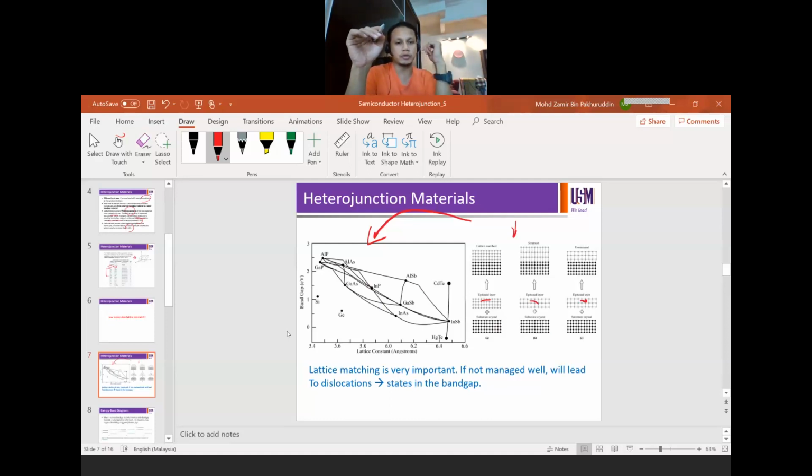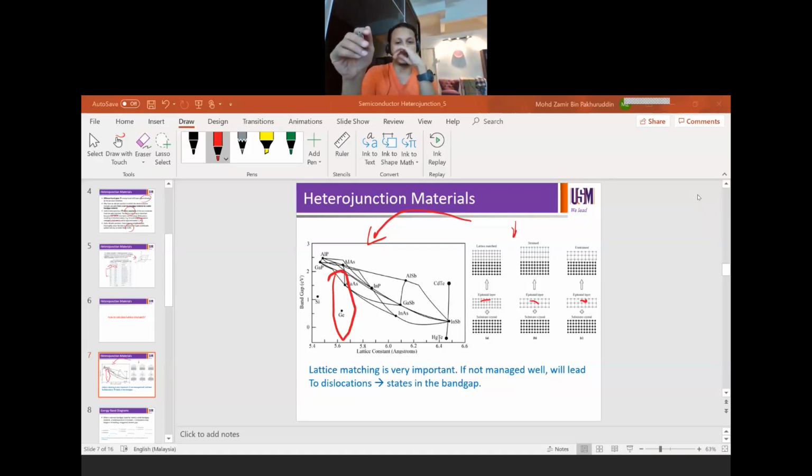For example, germanium and gallium arsenide are quite matched because their vertical position on this graph is close. That means your lattice constants are close to each other, so they will form a good match. So the lattice mismatch calculation will result in a very small mismatch, which is good.